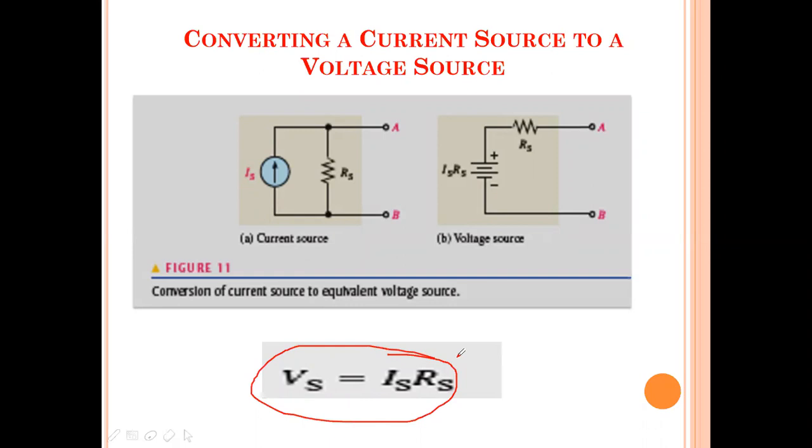So that's it. This is about the derivation of Vs is equal to Is Rs.